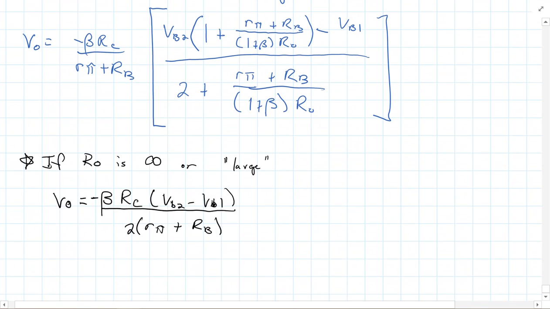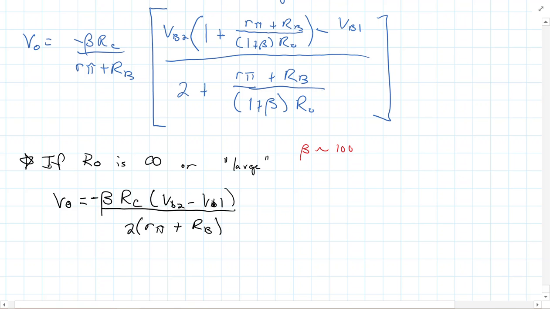Now, you might say, how do we ignore this here? We're going to consider RO again later, but let's think about why we're ignoring RO in this step of the derivation. If RO is big, but remember also that beta is around 100, then even if RO was only 10 kiloohms, which would be a really small value for RO, you'd have 10 kiloohms times 100, which is 1 megaohm, and RB and R pi are going to be in the kiloohm range at best.